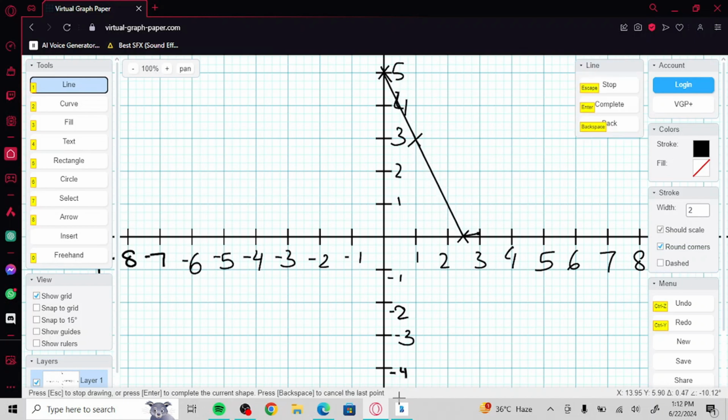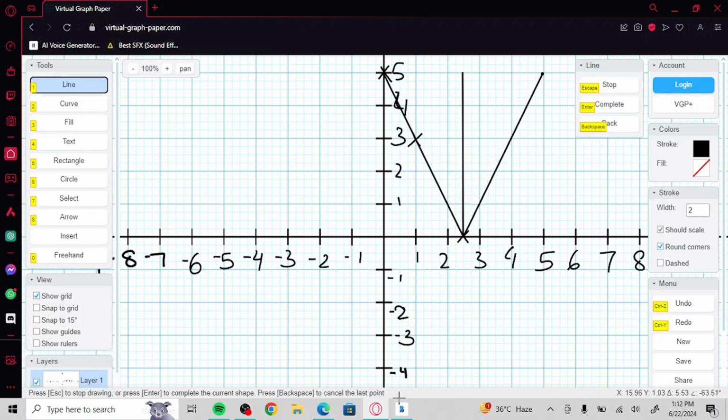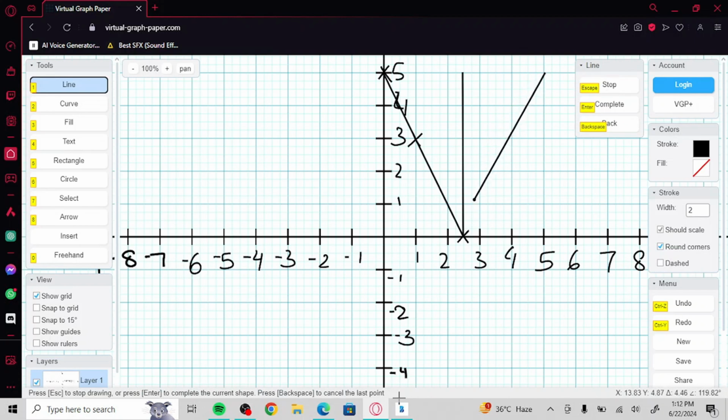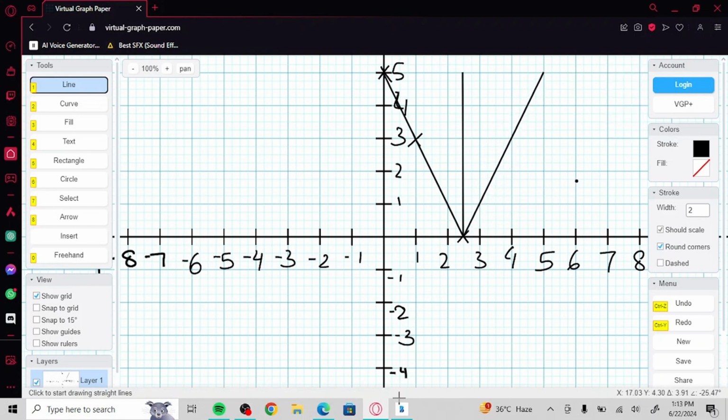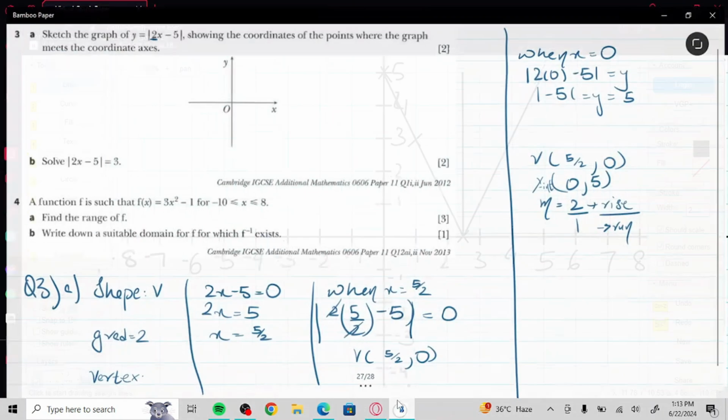Make a graph, connect these lines, make a perpendicular line, and then reflect it on the same thing. So we have 2 boxes here. So that's it. This is our graph for question 3.